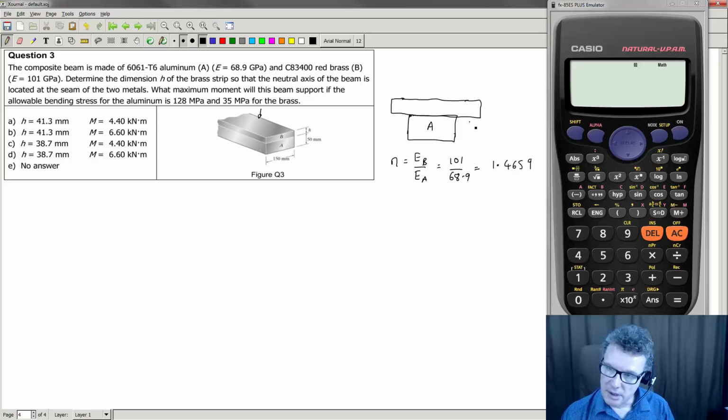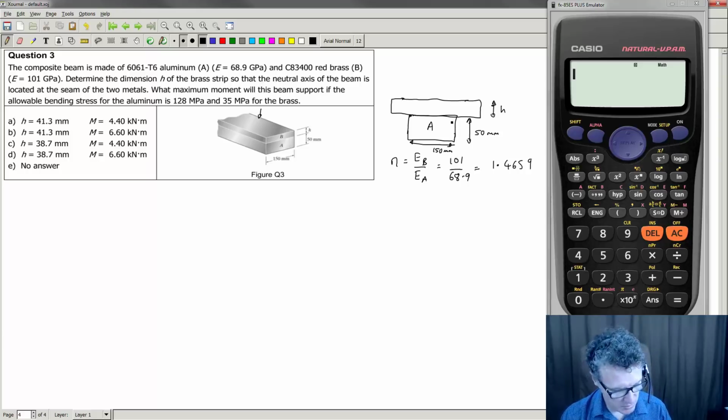From here to here, we know it has a depth of 50 millimeters, and from here to here, it's got a depth of h. The width is 150 millimeters.